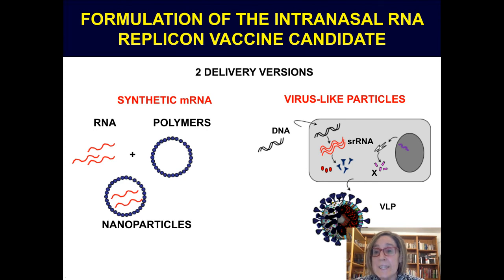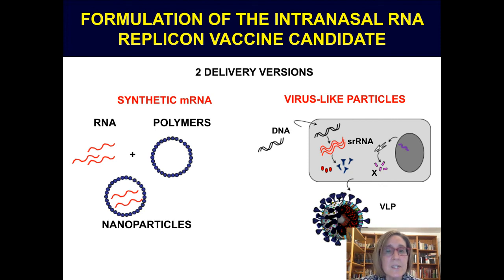In target cells in immunized animals, these VLPs introduce the replicon RNA, but in the absence of the proteins required for replication, there is no possibility of generation of infectious viruses, and only the RNA inside the cell self-replicates and produces the antigens necessary for eliciting an effective immune response.